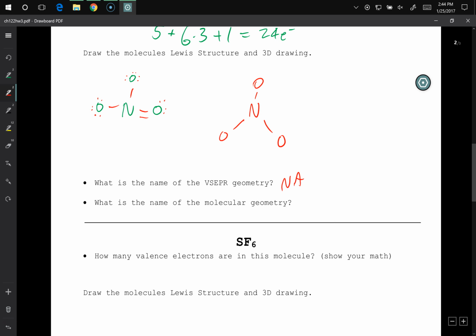So this molecule is flat. We okay with that? When we say trigonal planar, all 4 of those atoms will be laying flat on a surface.